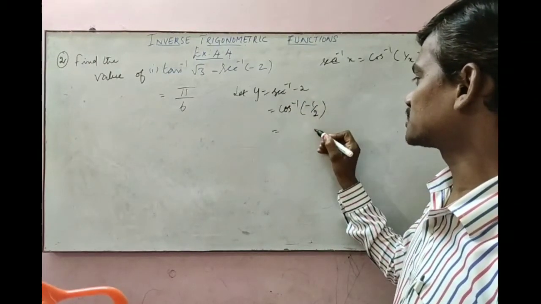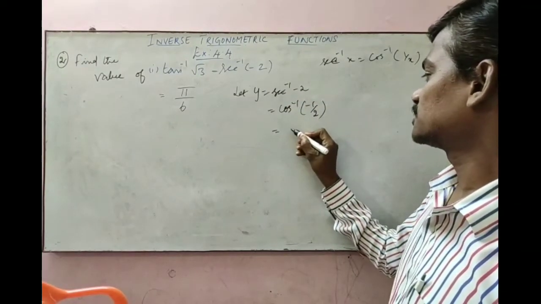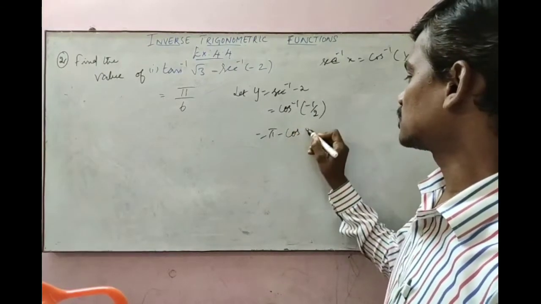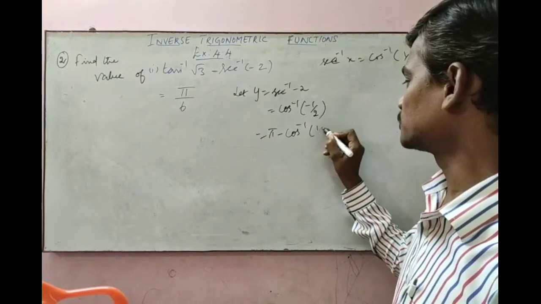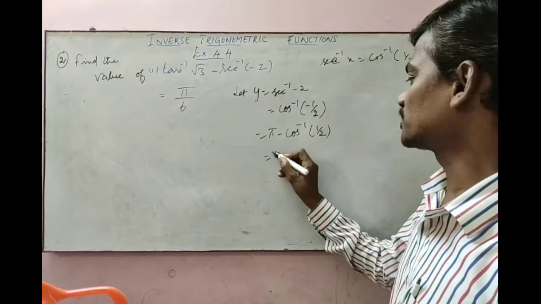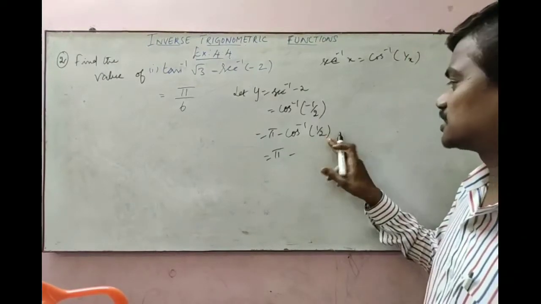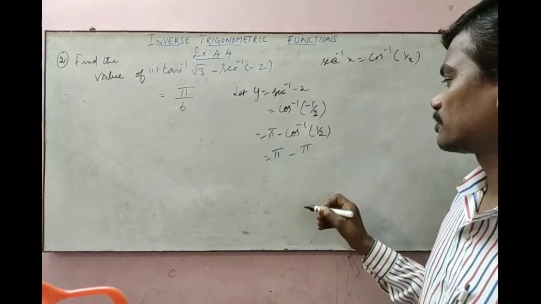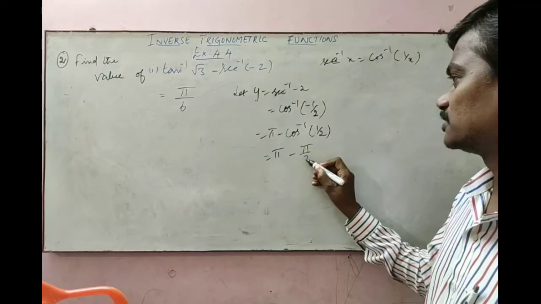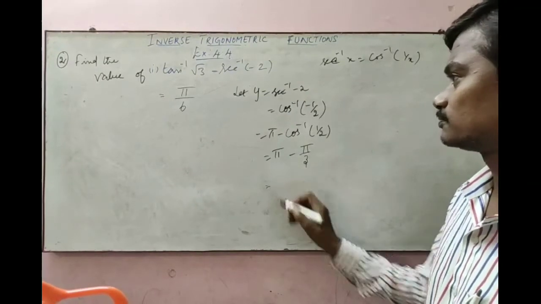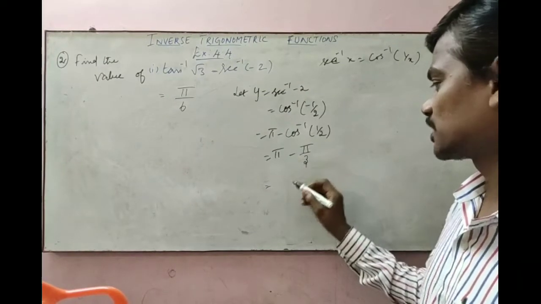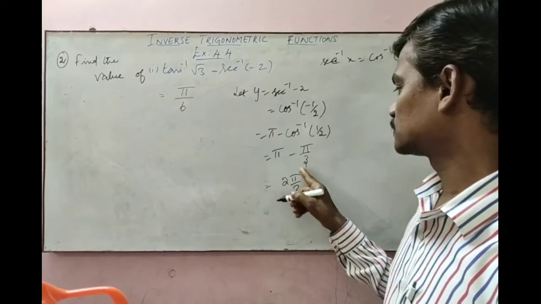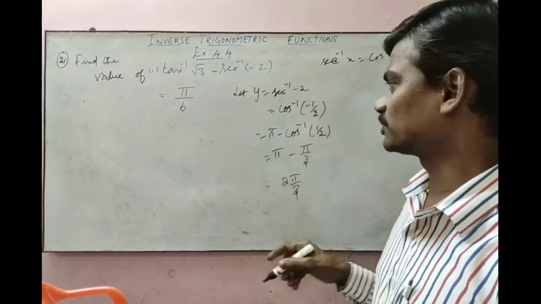Cos inverse of minus x is pi minus cos inverse of 1 by 2. Cos which degree is 1 by 2? Cos 60 degree is 1 by 2. So you can write this as pi minus pi by 3. So pi minus pi by 3 gives 2 pi by 3.